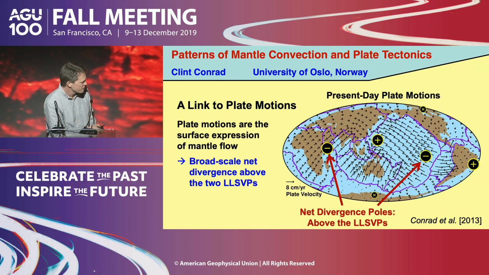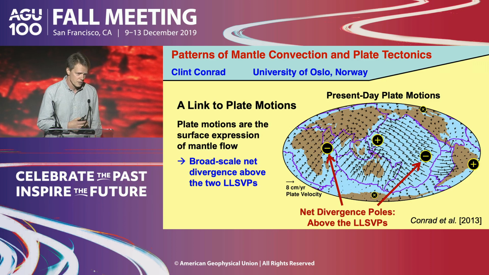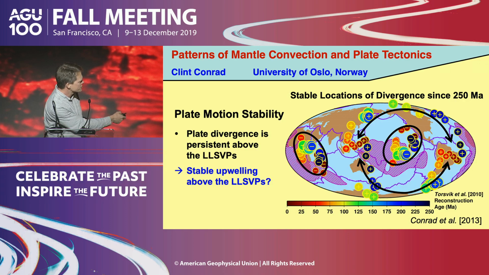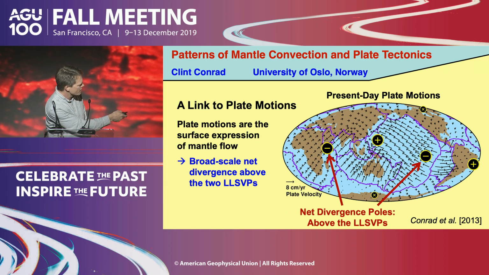Going more towards the surface, this large-scale flow pattern should drive the plate motions. In fact, the plate motions are the surface expression of this flow. So we've taken the spherical harmonic decomposition of the plate motions and figured out where the net divergence poles are, shown here with the minus signs.